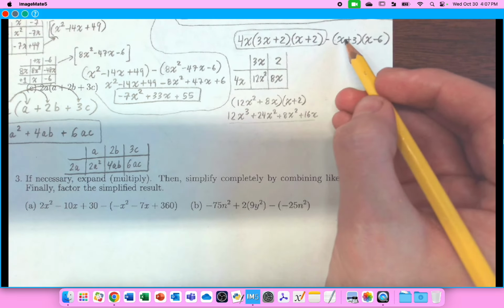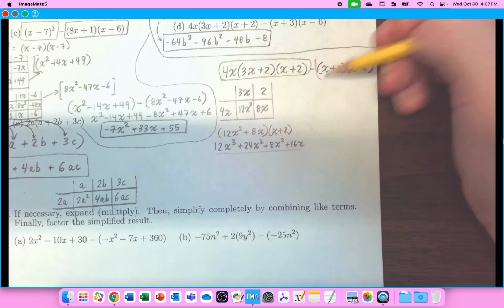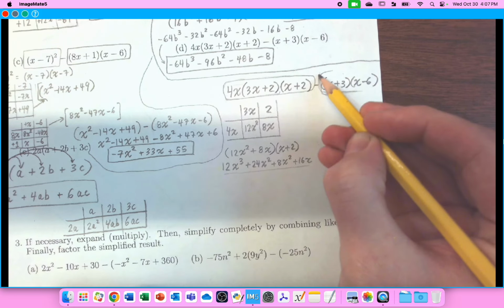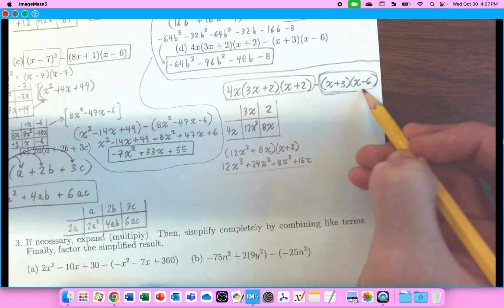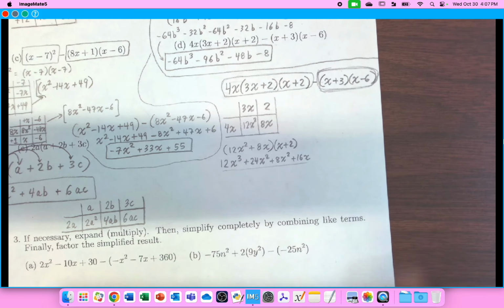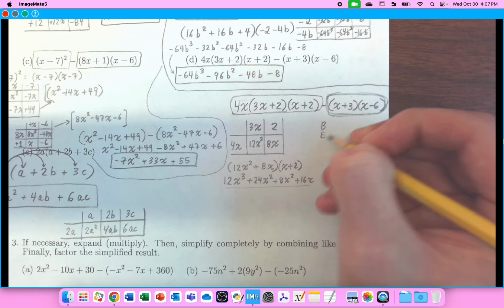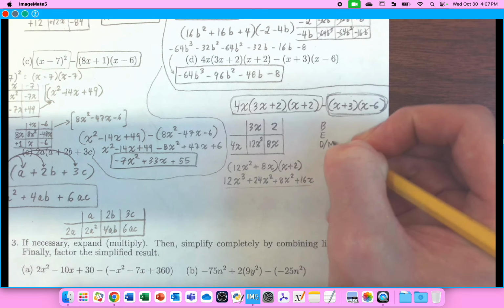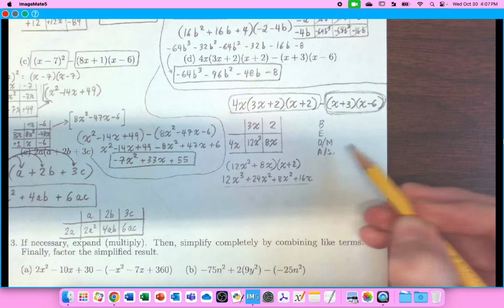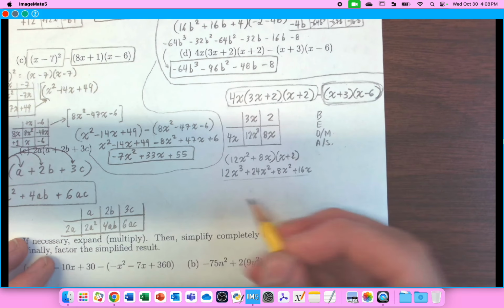I want to subtract this, but since I always follow BEDMAS, I'm not going to think about this negative until I've done the multiplication. In BEDMAS, I don't think about addition and subtraction until I'm done my division and multiplication, so I have to do this multiplication first.